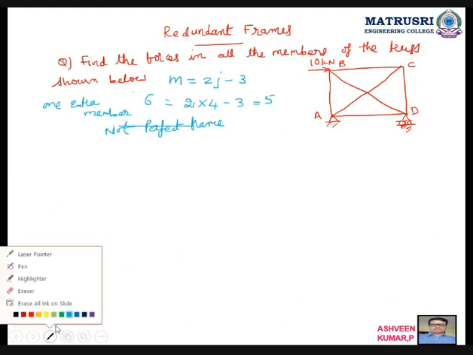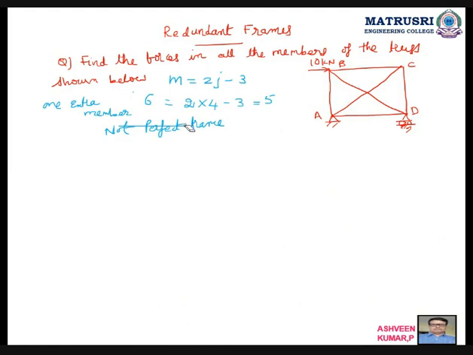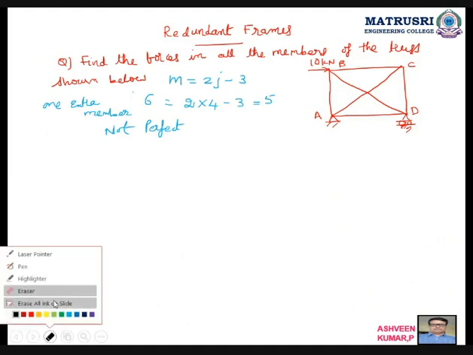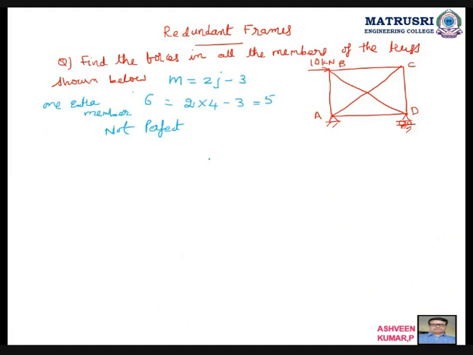So what I want to do in this one, we have so many methods. Here, what I am doing is assuming one member as T, tension, I will take it, then I will go and solve the problem.